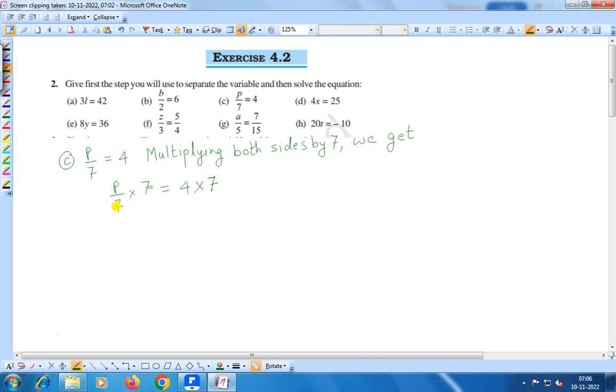So this 7 will cut and becomes P is equal to 4 7s are 28, right?